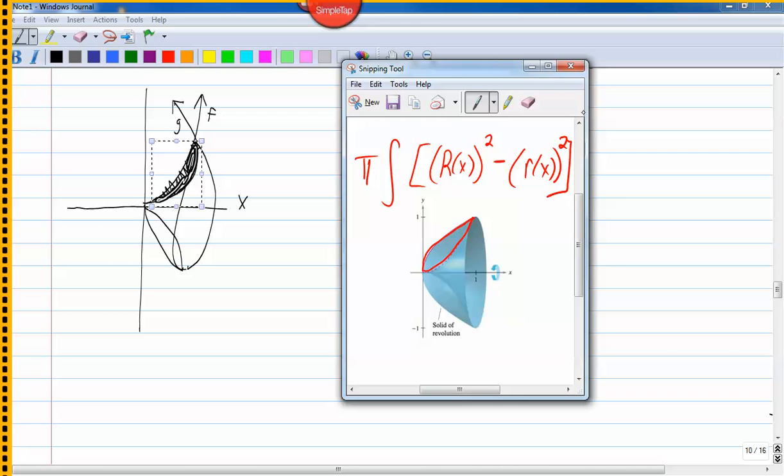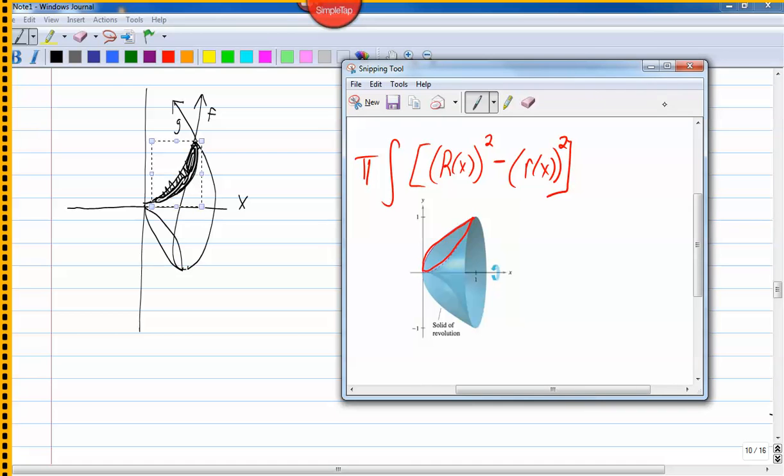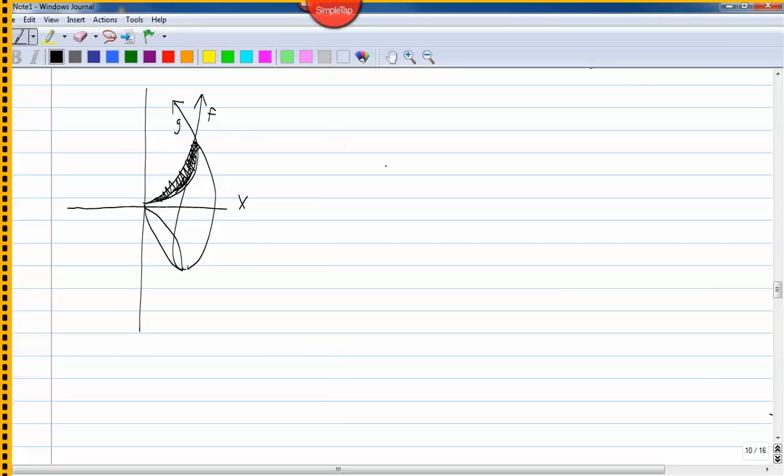But the way the formula works, you have to say the outer radius squared minus the inner radius squared. This is called the washer method. Everyone knows what a washer is, right? There are all different types.